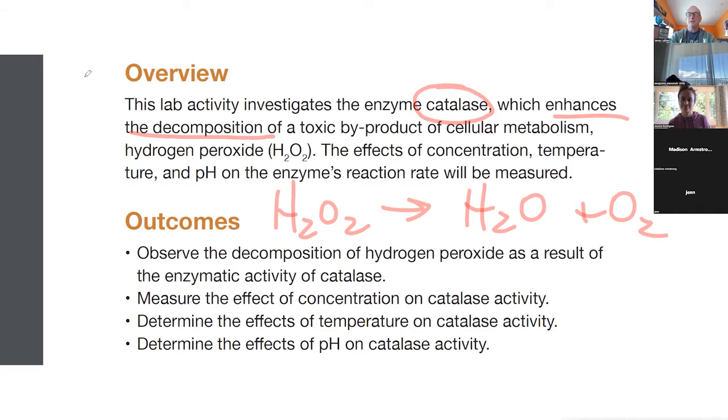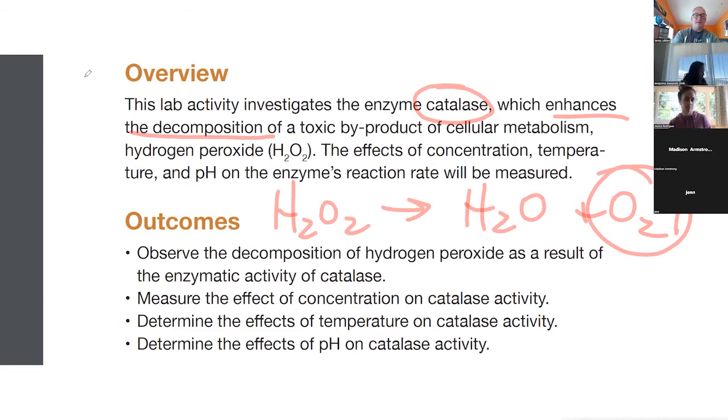But we're going to be looking at the production of oxygen, because since it's a gas, it will rise. It forms bubbles in liquid, and we're going to be timing how fast those bubbles take a piece of paper from the bottom to the top.